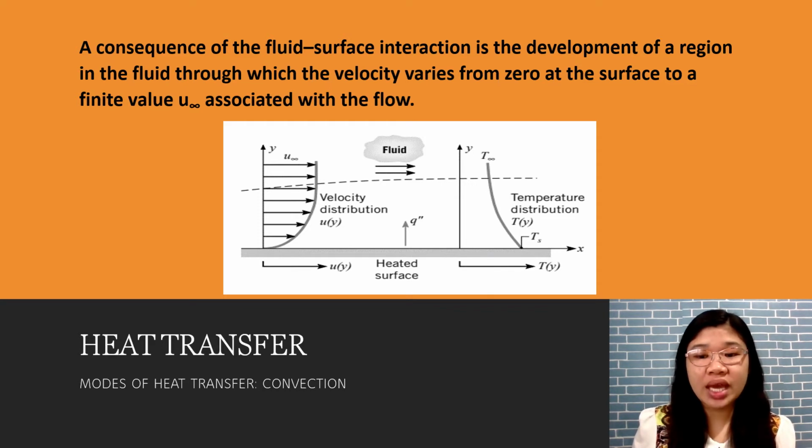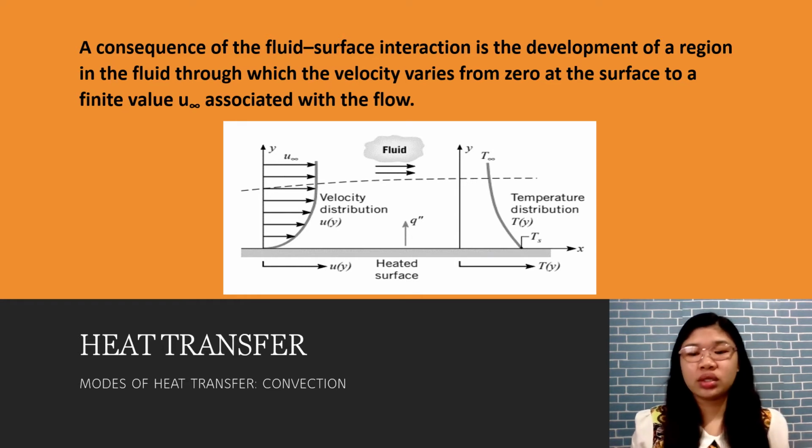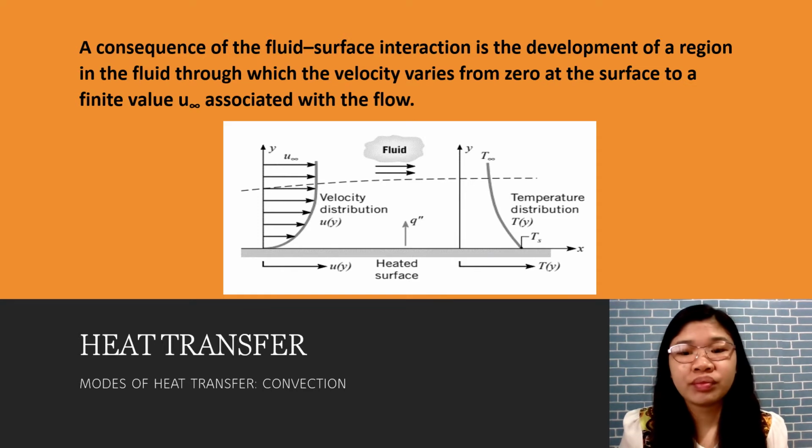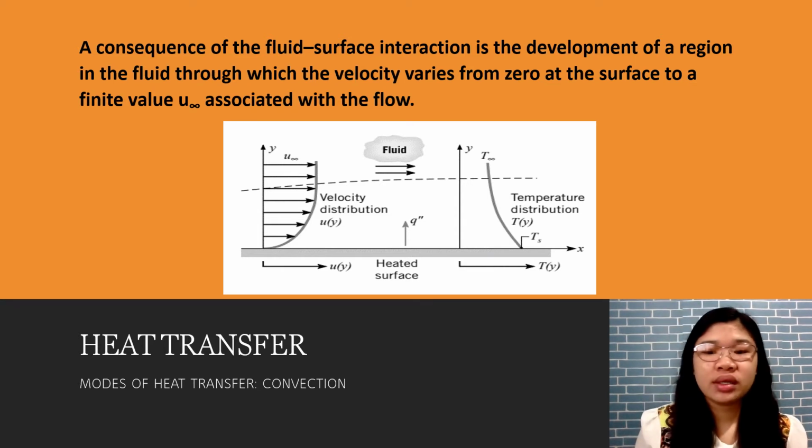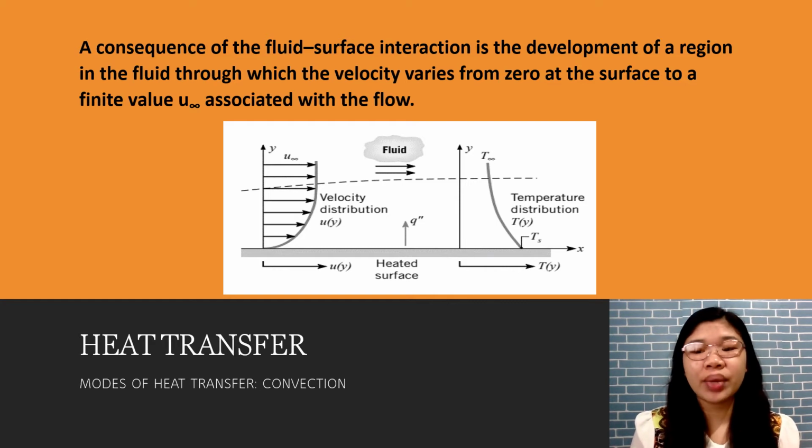And then we have Ts, or the temperature of the surface, to T infinity, wherein the infinity sign represents the temperature of the fluid. So again, if the surface and flow temperatures differ, there will be a region of fluid through which the temperature varies from Ts, that is again the temperature of the surface at y is equal to 0.